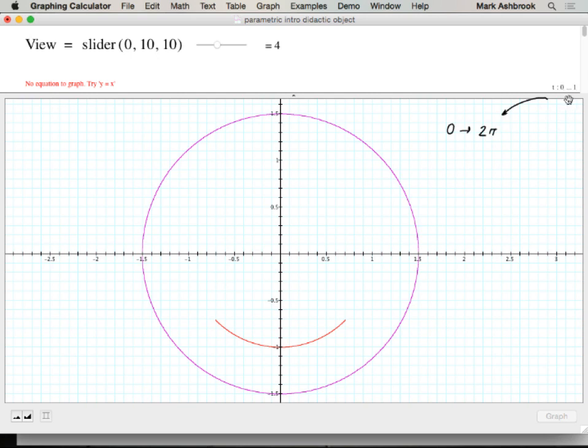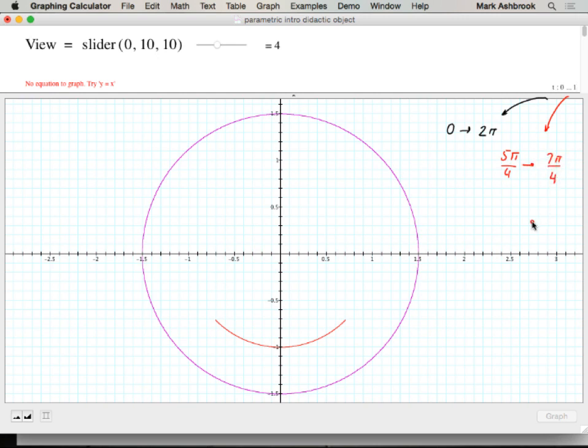But then the red circle, what do I want the red circle to do? As t varies from 0 to 1, I want the purple angle on the circle to vary from 0 to 2 pi. As t varies from 0 to 1, I want the red to do what? Right.